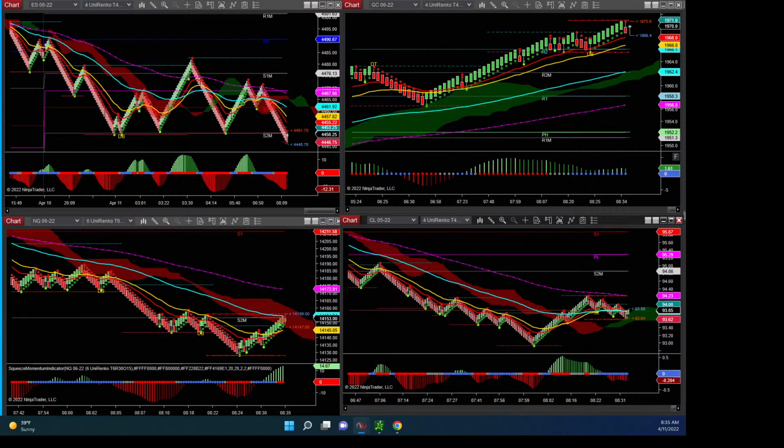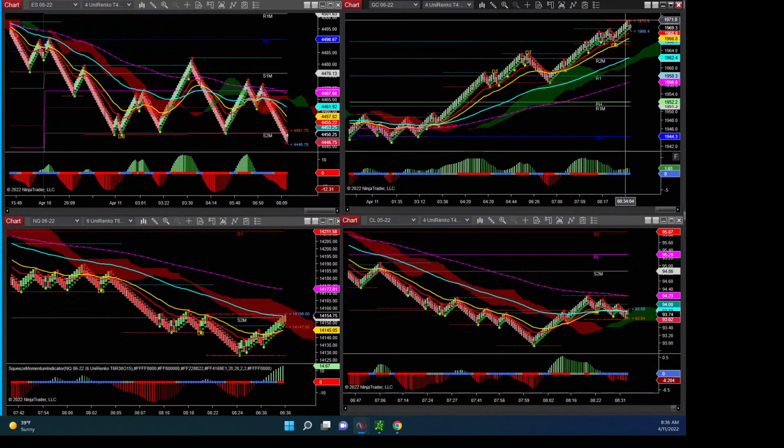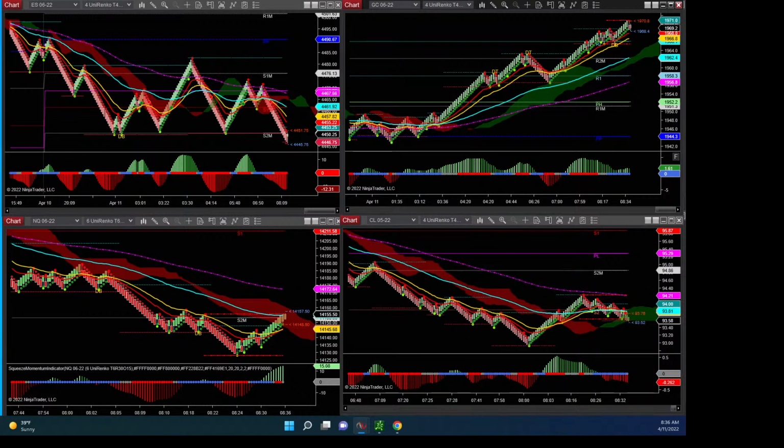See, the problem with this is that gold already made a move. It's right up here. So it could grind higher, but I don't know if it's gonna go straight up, right?